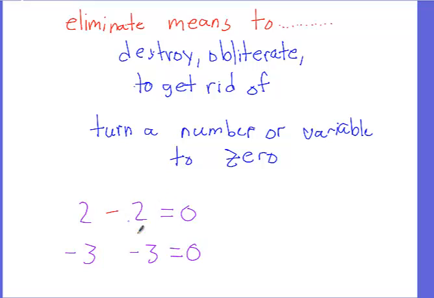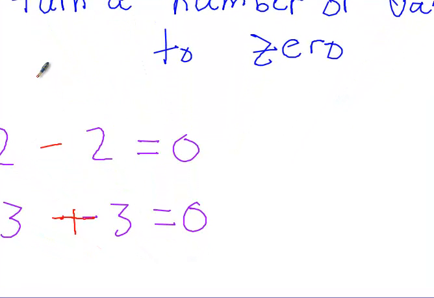What must we do to make them 0? Well, we can subtract, because -3 minus -3 really becomes -3 plus 3, which is 0. So if they have the same sign, you subtract. Remember that: same sign, subtract.